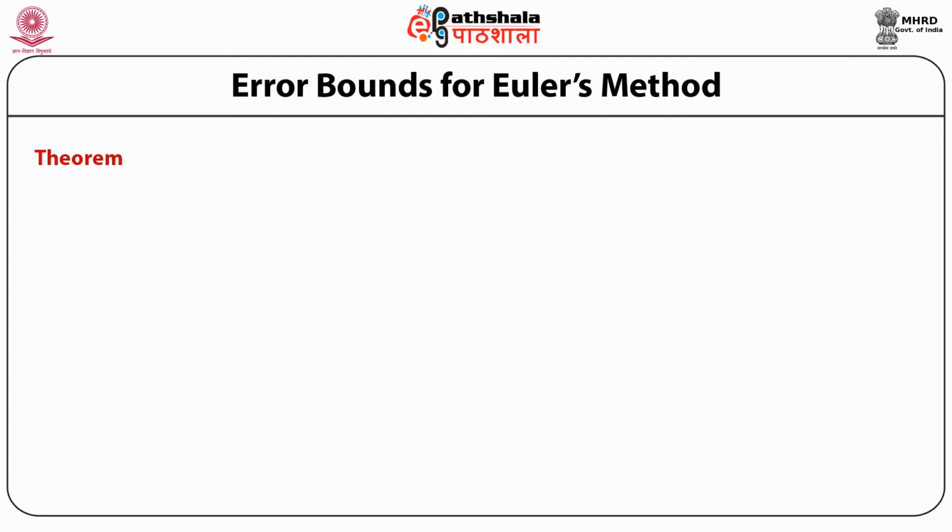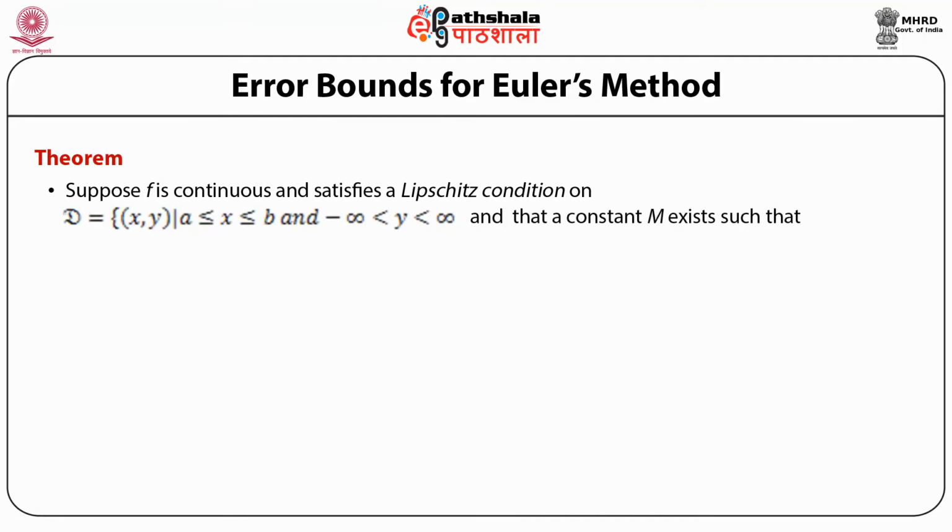Now let's study the theorem. It states that suppose f is continuous and satisfies a Lipschitz condition on D equals {(x,y) : a is less than or equal to x less than or equal to b, and y varies from minus infinity to infinity}, and that a constant M exists such that mod of y double prime is less than or equal to M, where x lies between a and b.